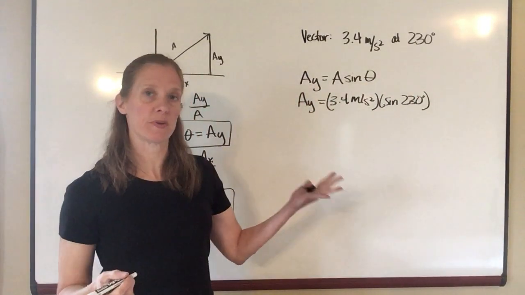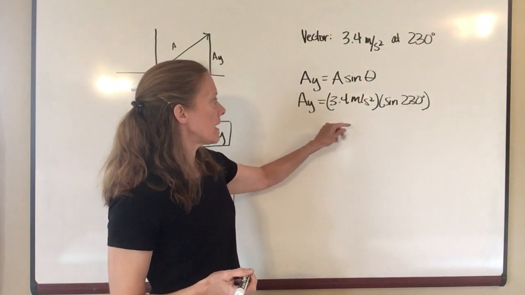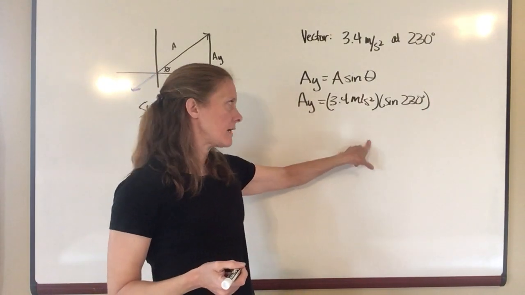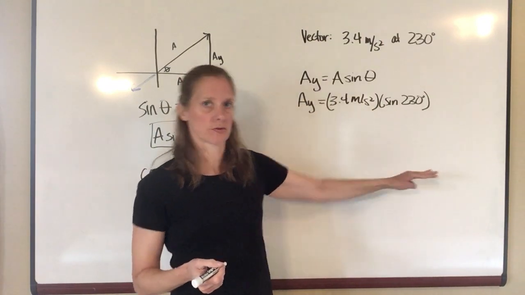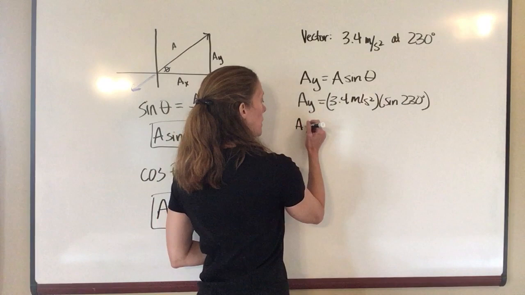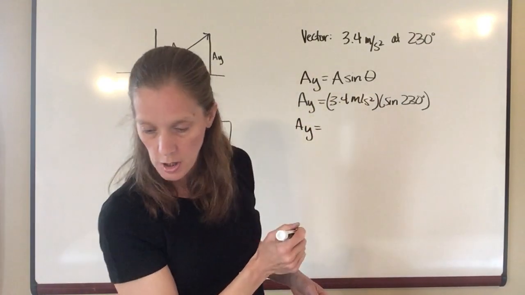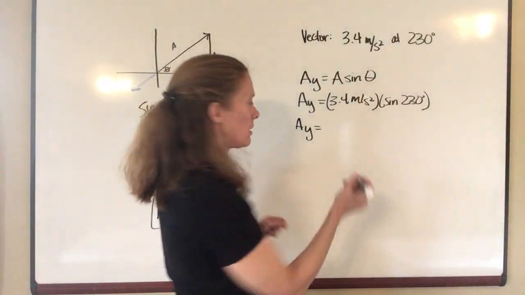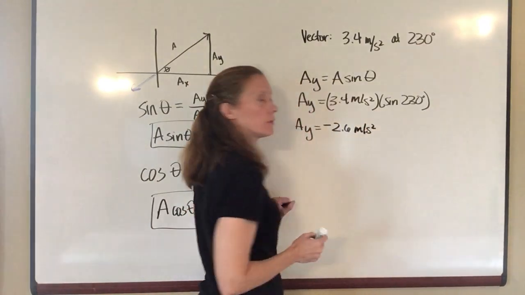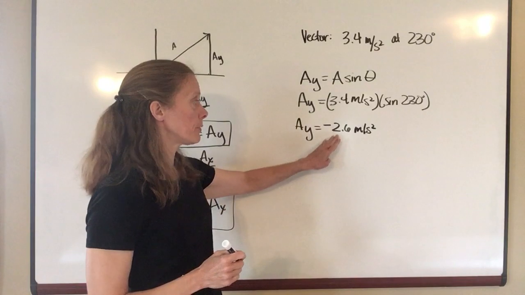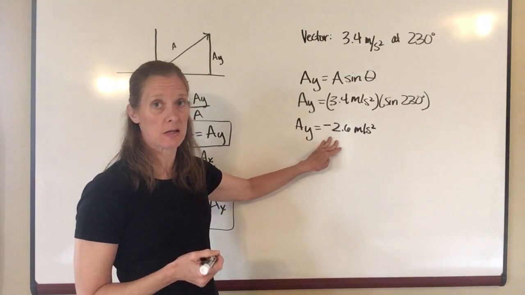And so again, when you type this into your calculator, you're going to type 3.4 times 230, and then hit the sine button, and then hit equals. You should come up with an answer of negative 2.6 meters per second squared. So just like we predicted, that y component ended up being negative.